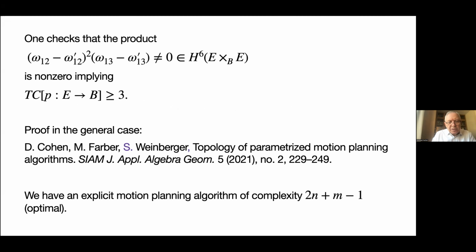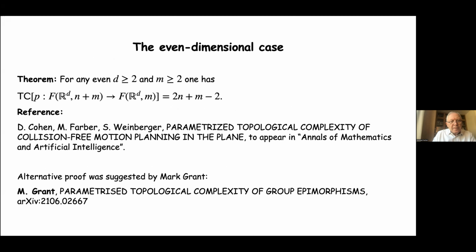This was published in our paper with Dan Cohen and Shmuel Weinberger in the Journal of Applied Algebra and Geometry last year. In the case when the dimension is even, the answer is slightly different. In this case, the parameterized topological complexity is 2n plus m minus 2, so it is 1 less than in the previous theorem.